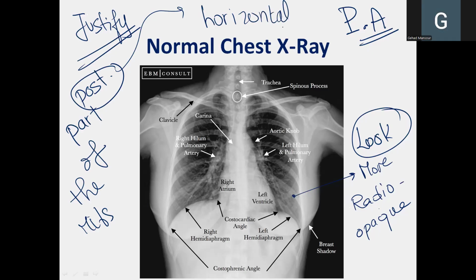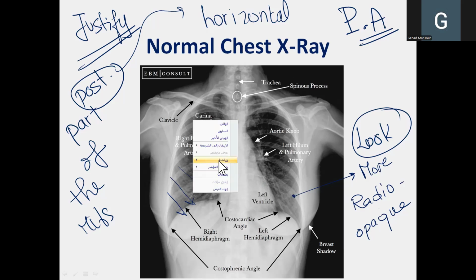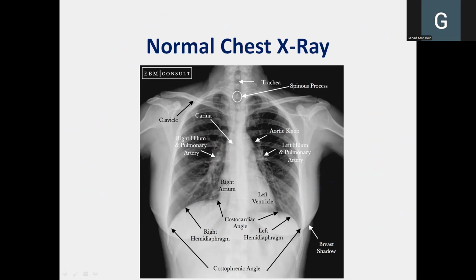On the other hand, the anterior part of the rib, as you can see, is more downwards and oblique like this, and it appears less radio-opaque, and therefore you cannot count them easily. If I get that X-ray and ask you whether the patient is in good inspiration or not, you would start by the clavicle.